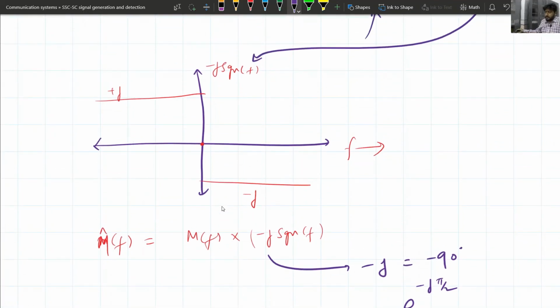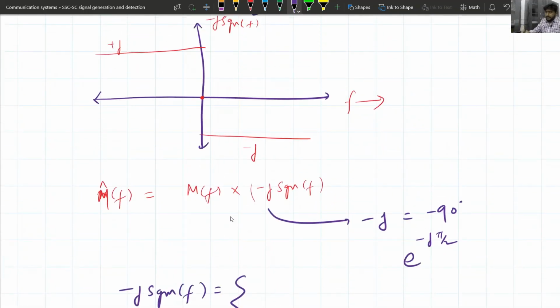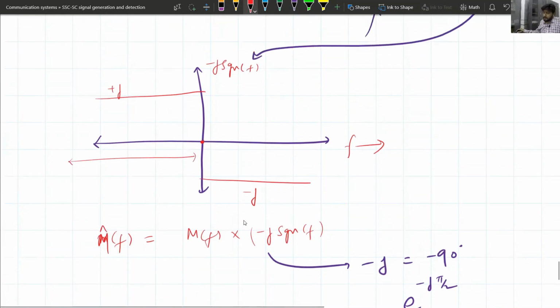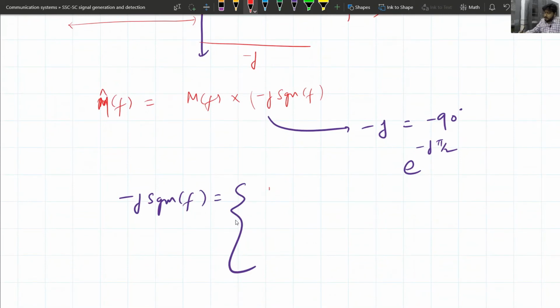So for negative values of frequency, it gives a phase shift of plus pi by 2, plus 90 degrees. It gives a phase shift by plus pi by 2 when the frequency is negative.